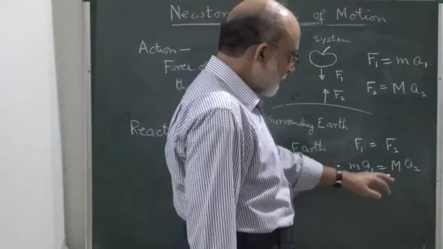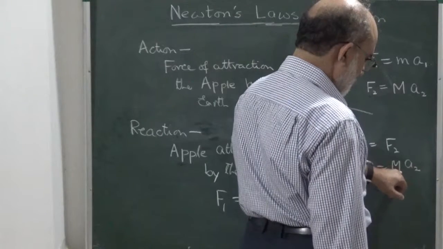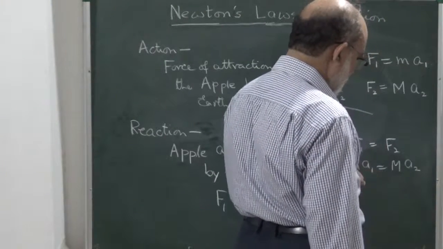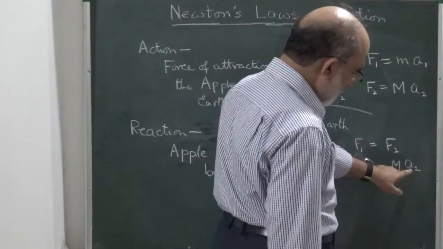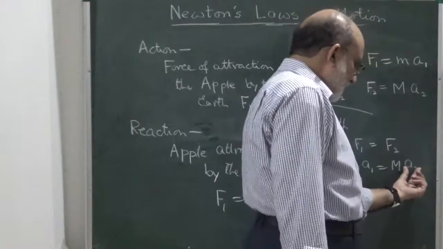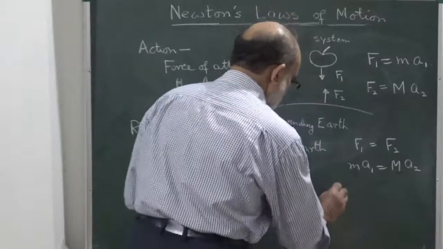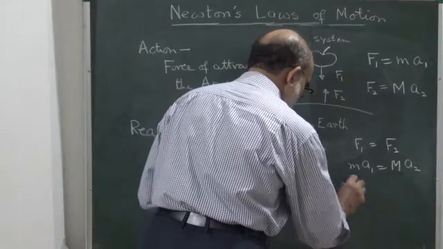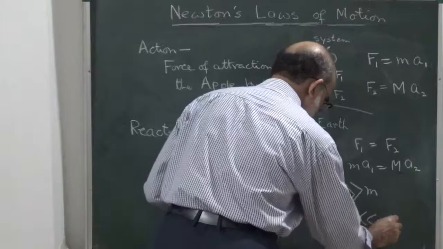But since the mass of the earth is infinitesimally large as compared to the mass of the apple, consequently its acceleration will be infinitesimally small. So since M is very much greater than m, a2 is very much less than a.